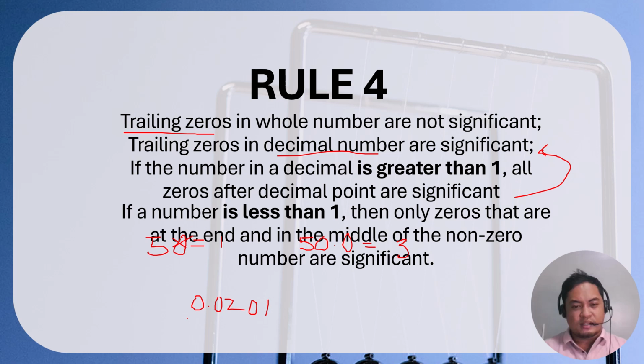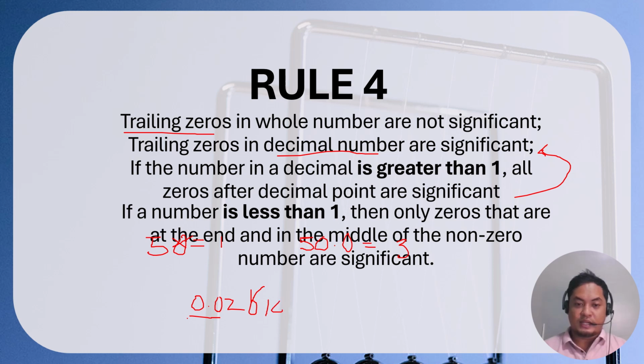So this is not a trailing zero, it's a leading zero. Leading zeros here are insignificant. But we have a 0 in between non-zero digits, so we will consider it as significant. All right? So in this case, we have 3 significant figures.